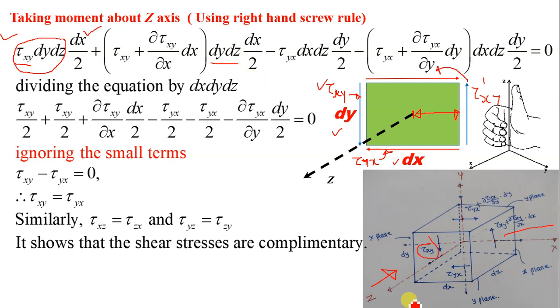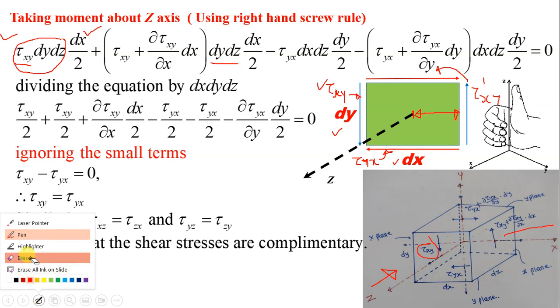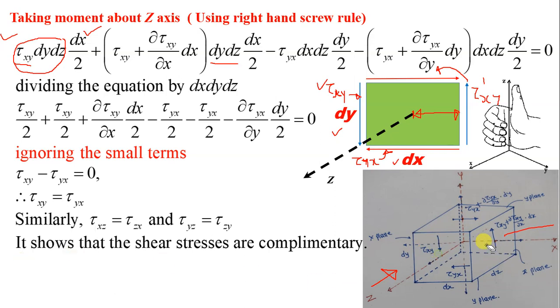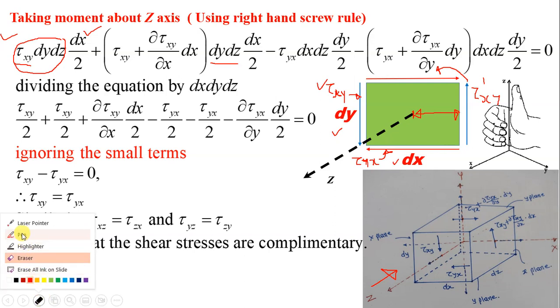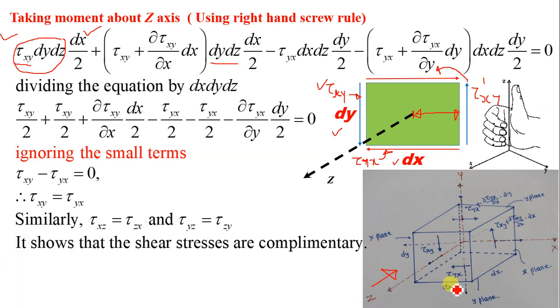Now moment of tau yx about z axis. So tau yx is acting on this y plane, this is tau yx. Now we are taking moment about z axis, and the distance of tau yx from z axis is dy by 2.